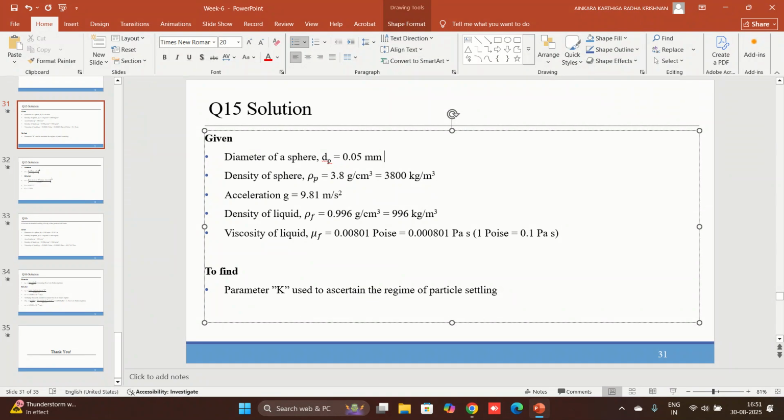Yeah, here also we can write 5 into 10 power minus 5 into 8 into 10 power minus 4 Pascal second.